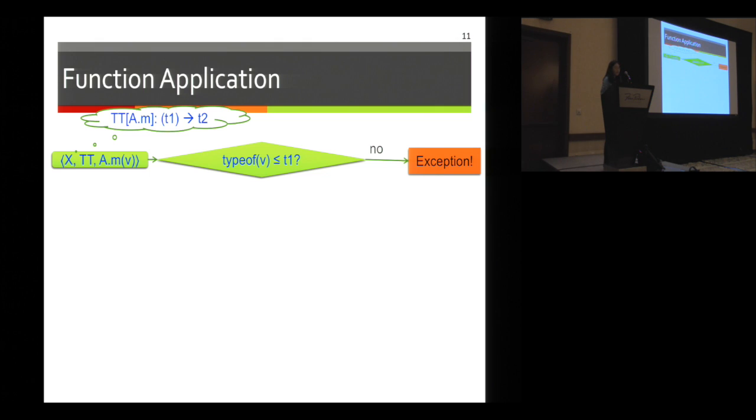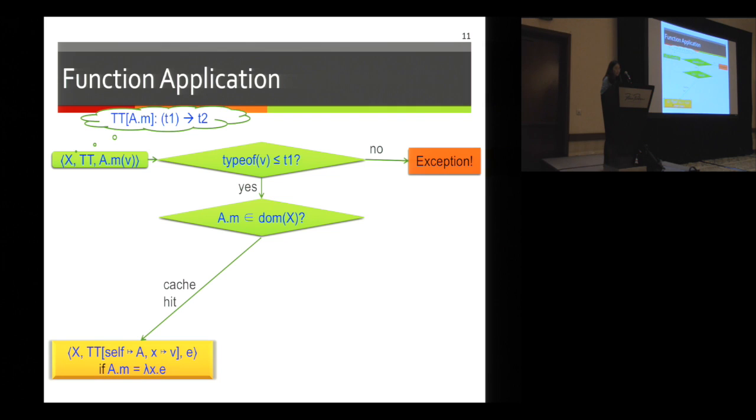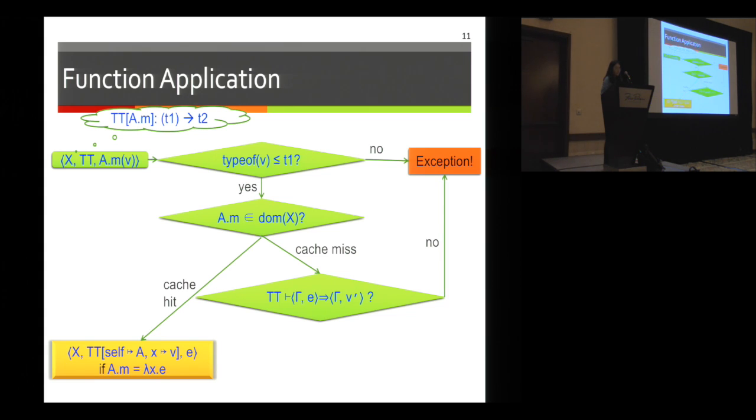Otherwise, we won't type check the rest of the code. Next, we'll look in the cache and see if we have a proof with that method stored. If yes, then we'll directly return the current environment. Otherwise, we will type check the method body using the standard type checking rule. And if it doesn't type check, we'll get an exception.